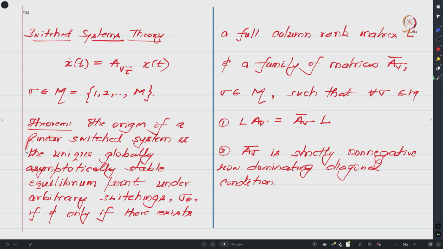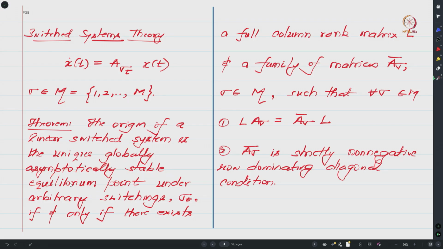So then there is this theorem, and you can find the references for this theorem from that Lee-Hay paper. This theorem says that the origin of a linear switch system of the form given over here is a unique globally asymptotically stable equilibrium.